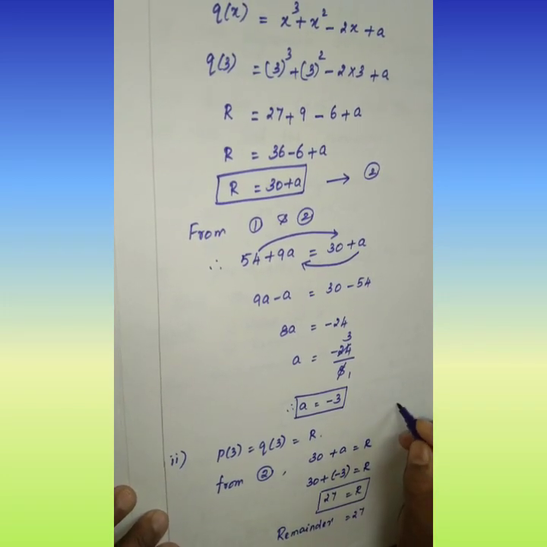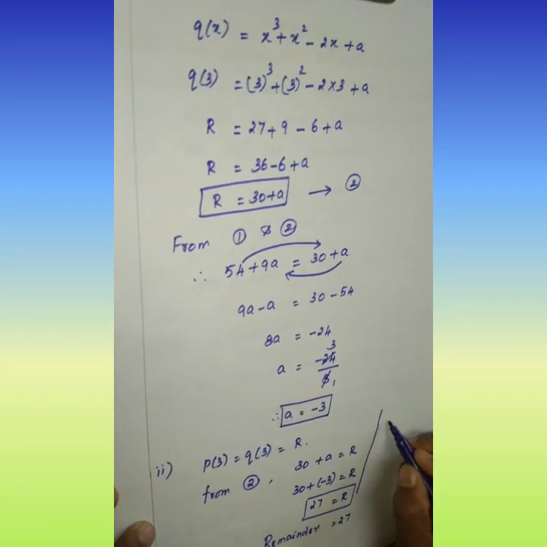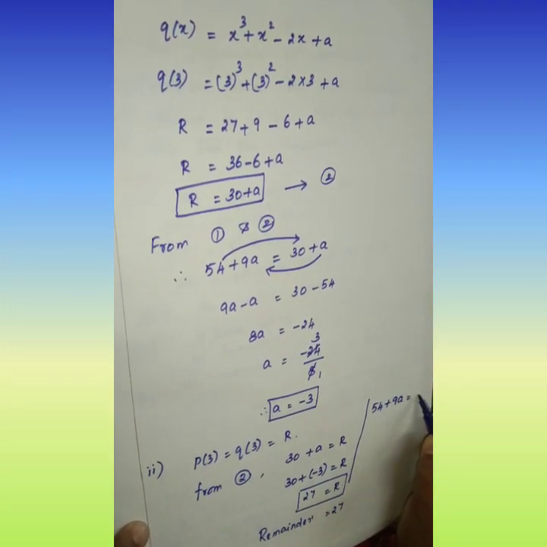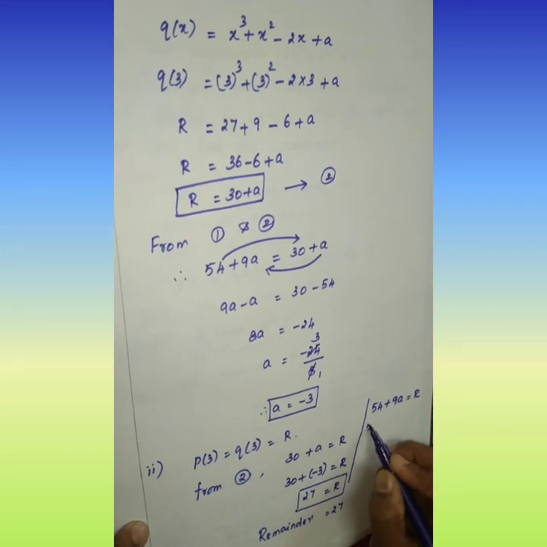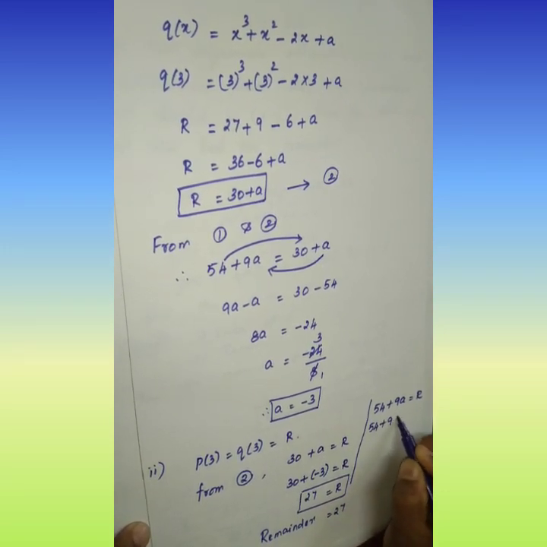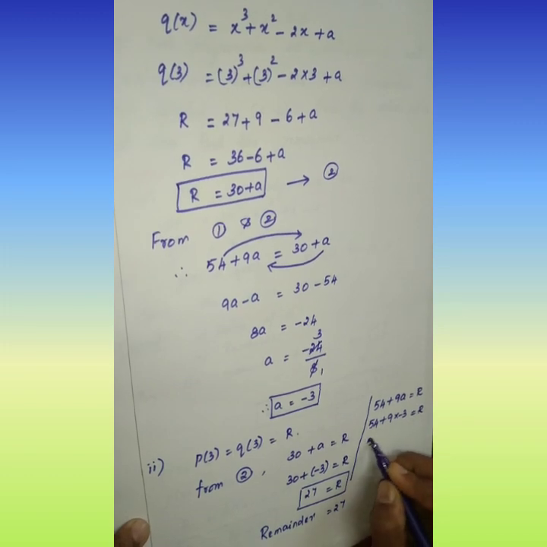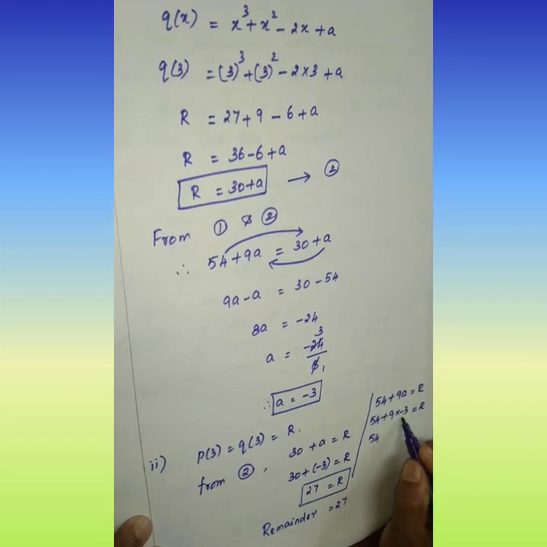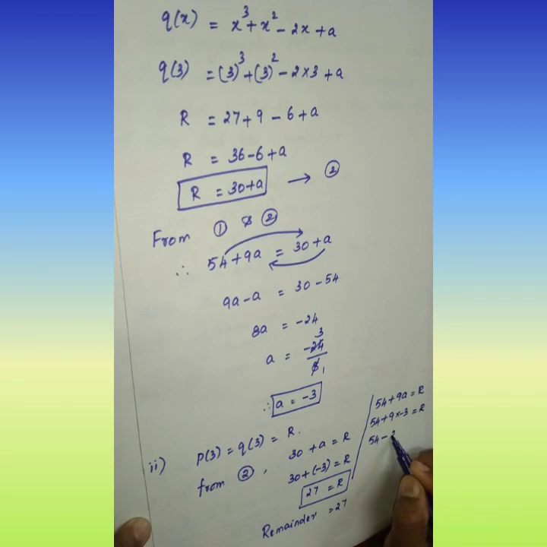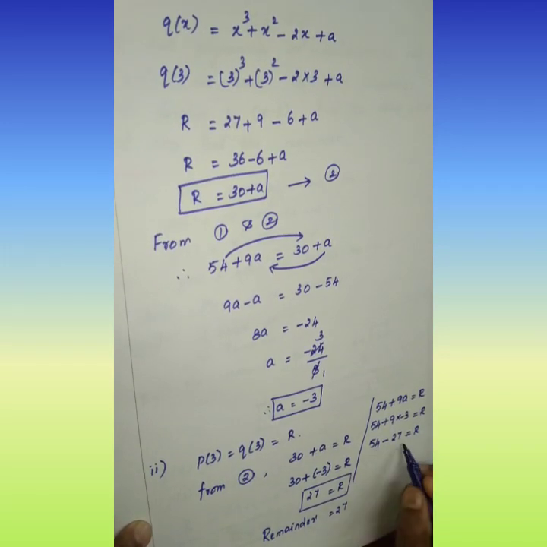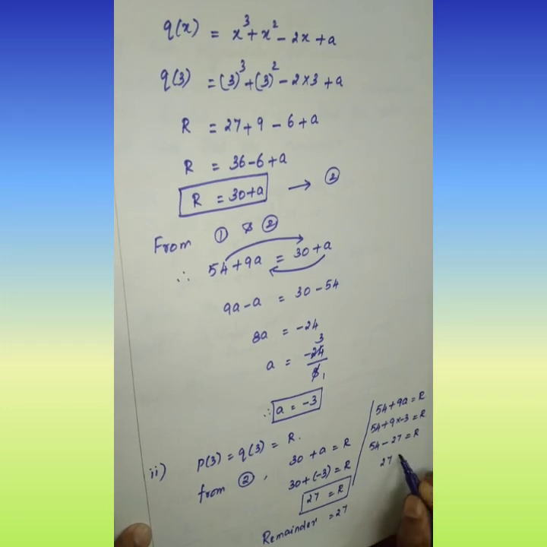Here you can verify another equation also, that is 54 plus 9a is equal to R. That is 54 plus 9 into minus 3 equal to remainder. So 54, 9 3s are 27. Here minus is there, plus into minus is minus, equal to R. 54 minus 27 is 27.